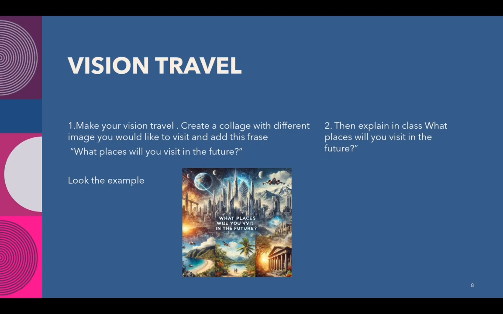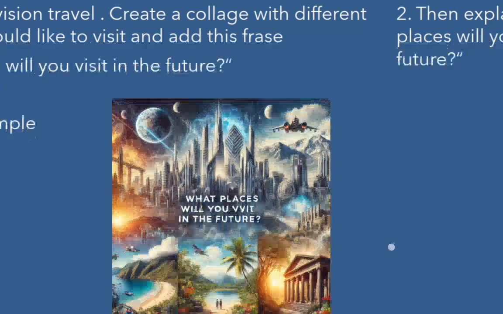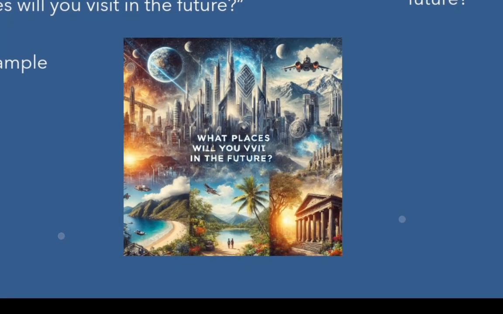Look at the example. I zoom in on this part and I make a collage. In the center, we have the phrase, what place will you visit in the future?